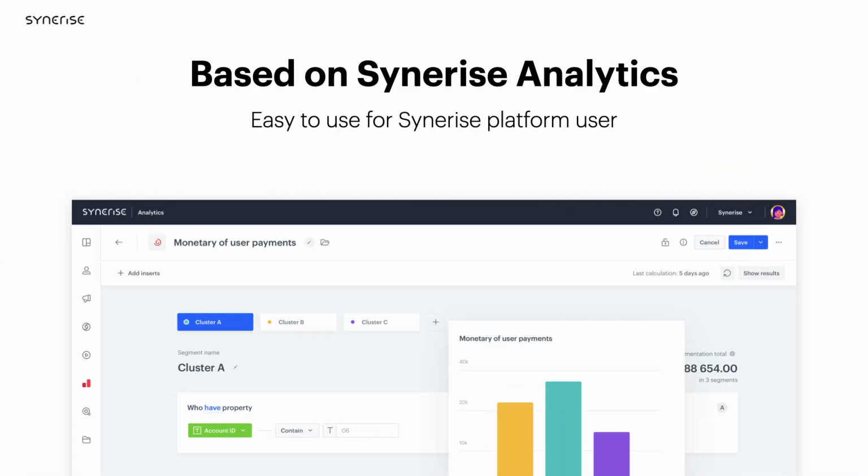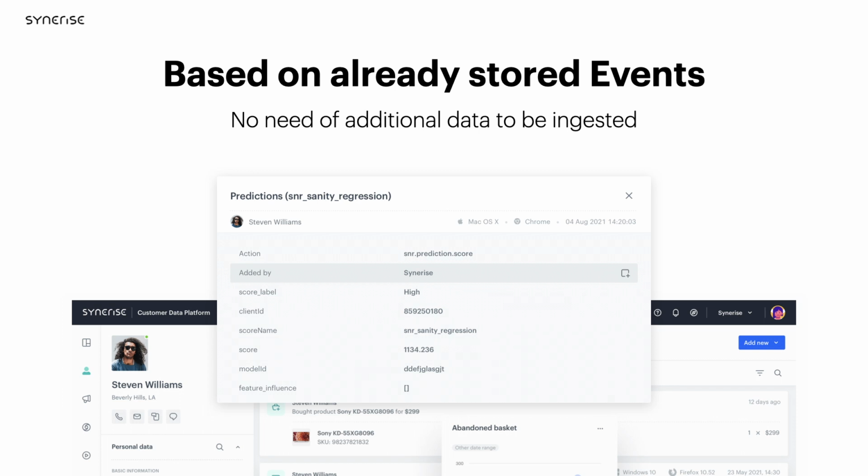It's fully integrated with the rest of the platform, as mentioned in my one-liner explanation of the predictions. It's fully integrated in the sense that the prediction module is built on top of the Synerise analytics, so you don't have to define targets, features, or variables by yourself. Also, it's built on top of the storage, so you don't have to put any additional data into Synerise in order to predict anything.